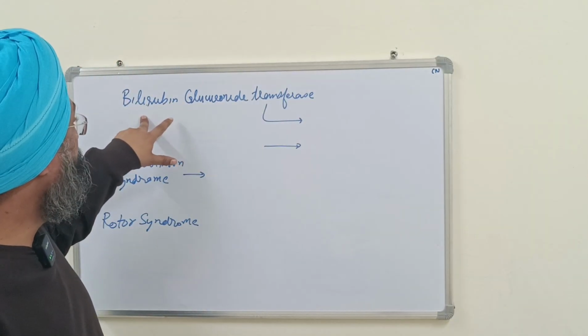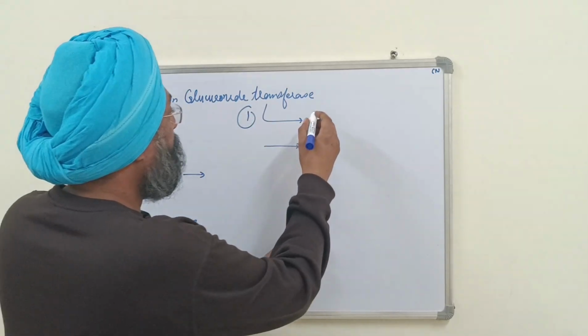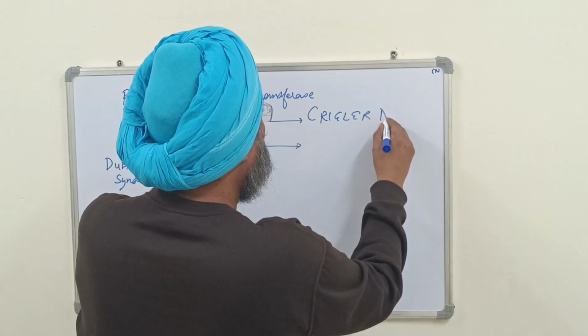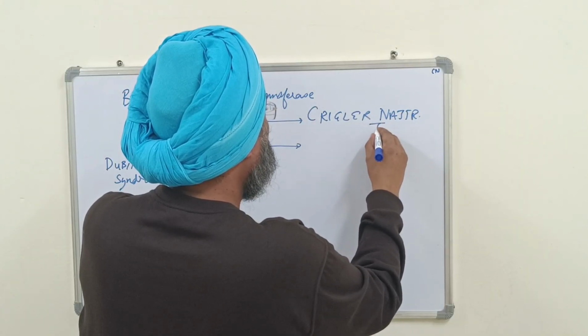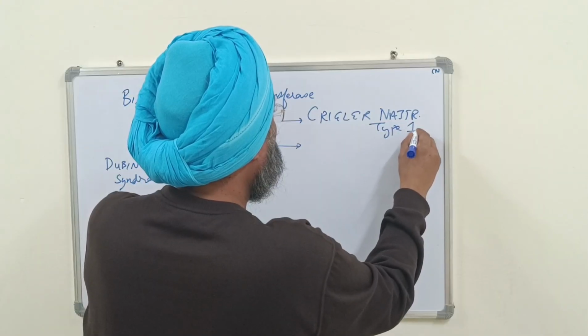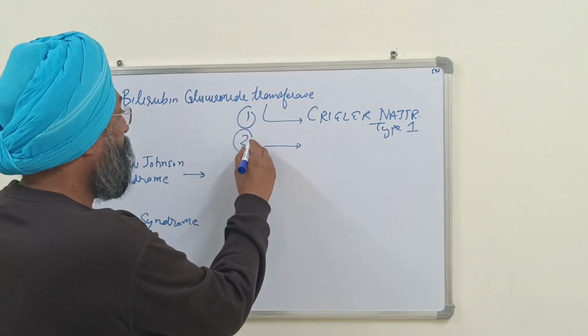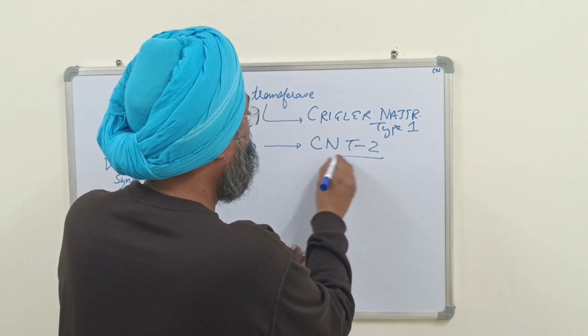Now the disorders. The first is the absence of this enzyme. If there is complete absence, it will cause Crigler-Najjar syndrome type 1, and if there is partial absence, it will cause Crigler-Najjar syndrome type 2.